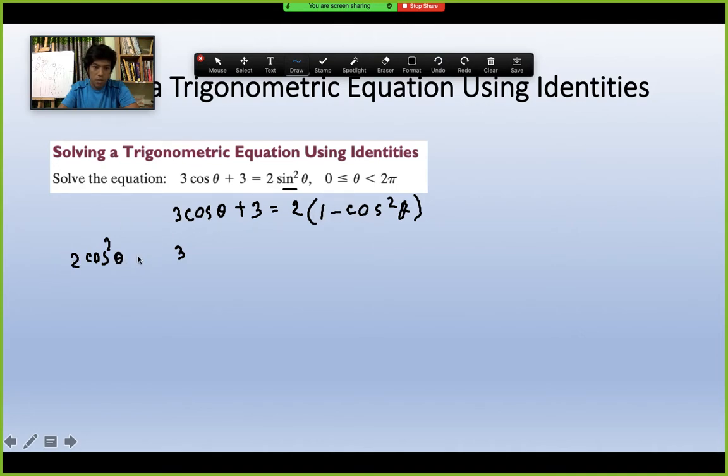Then we have 3 cos theta, also we are arranging it so that it is good for calculations. Then this is plus 3, and 2 into 1, when it comes to the right side, becomes negative, and 3 minus 2 equals 1. So we can simply write plus 1 here, equals to, there is nothing on this side, so it is 0.